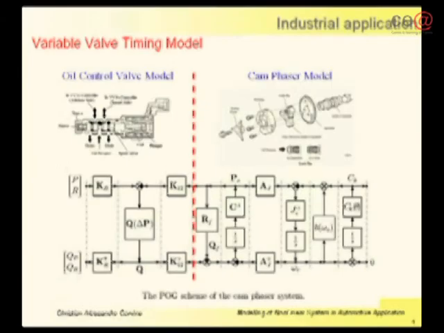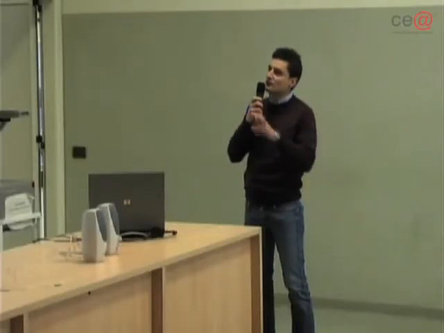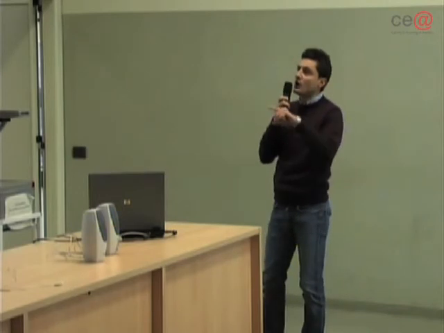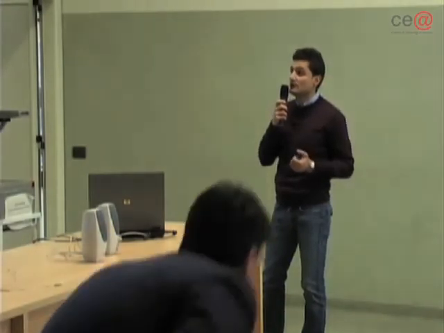In this picture, I show you the model of the system, and we have split it in two by the red dotted line: the oil control valve model at left, and at the right the cam phaser model.